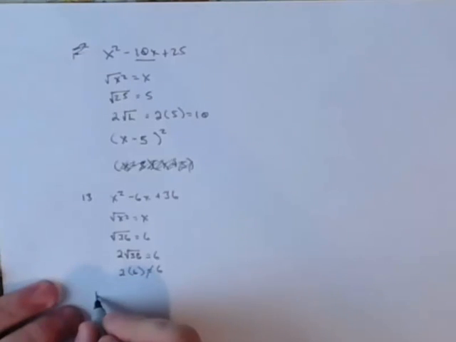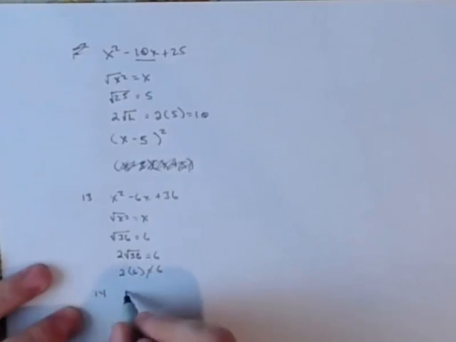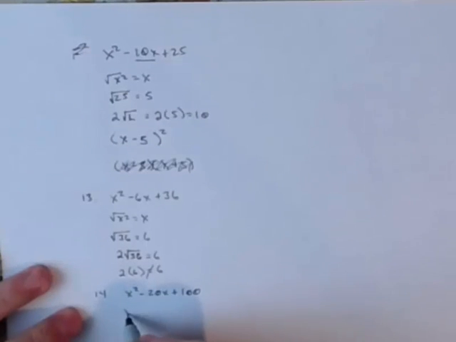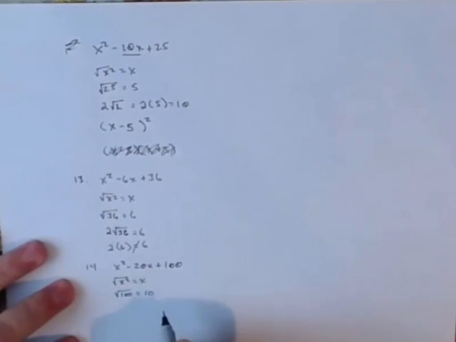Number 14. X squared minus 20x plus 100. The square root of the first is x. That checks. Square root of the last, 100, is equal to 10. So it's still possible.